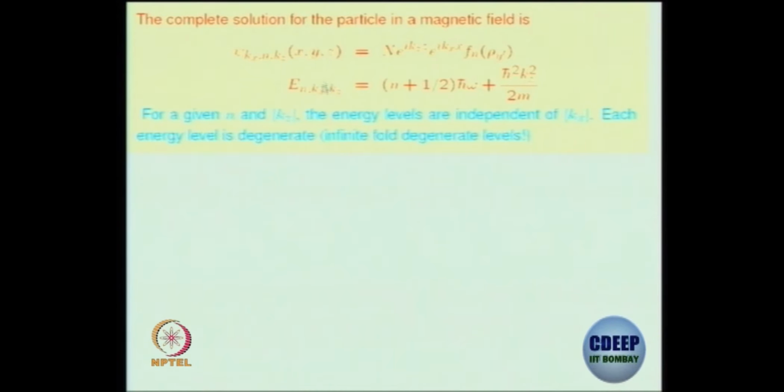But we have seen that the kx and n are coupled in such a way that the energy depends only on the harmonic oscillator, kind of shifted harmonic oscillator. So there is no kx dependent energy. Is it clear? Kx will only show up in the shifting of the harmonic oscillator.